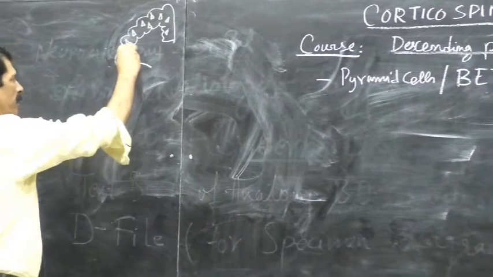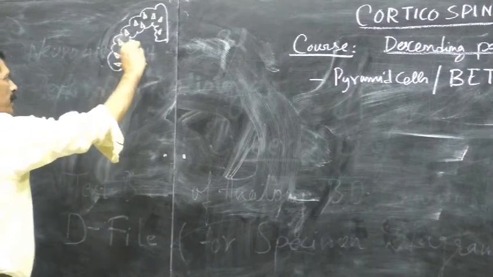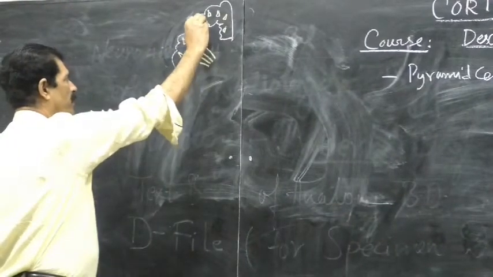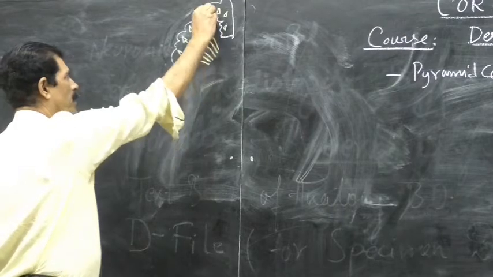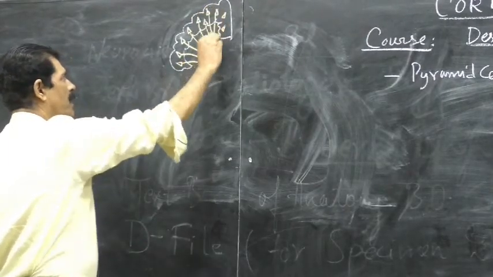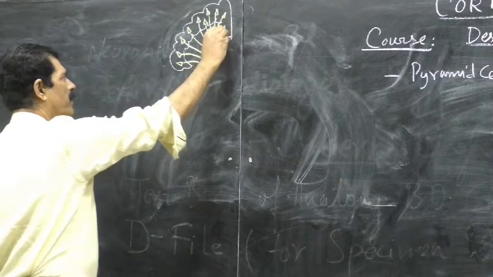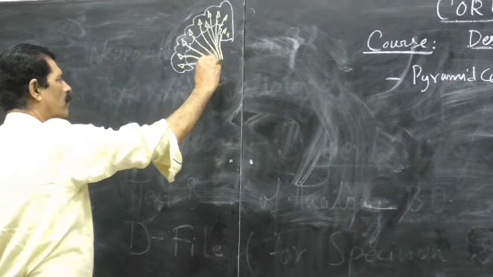Then come the face and neck. Then the muscles of the upper limb. Then the muscles of the thorax. And then the muscles of the abdomen, muscles of the thigh, muscles of the leg, the foot, and the perineum. So all of them are now descending down.